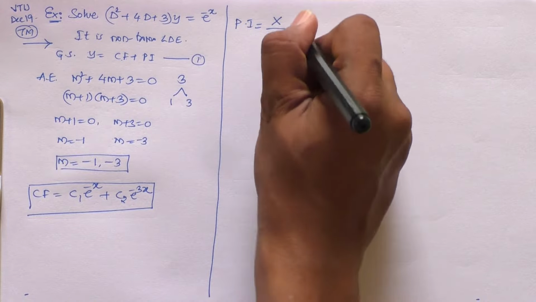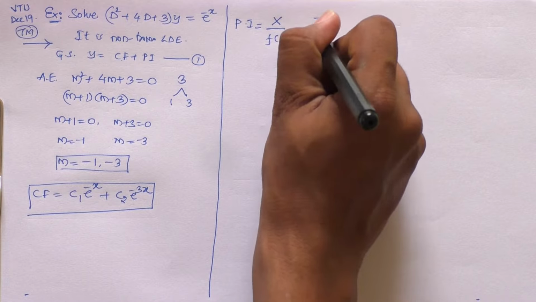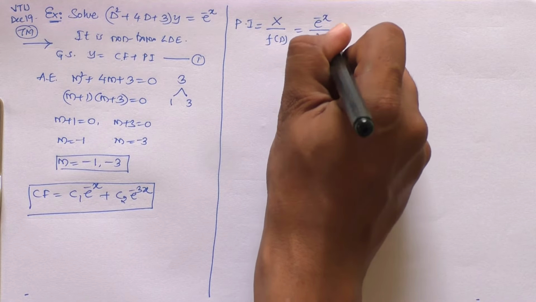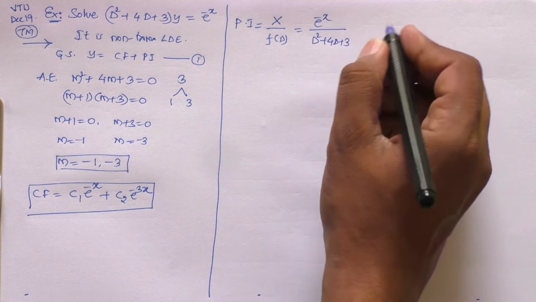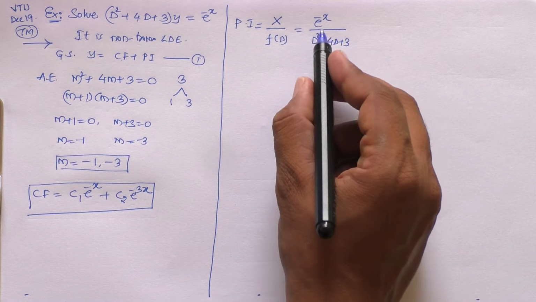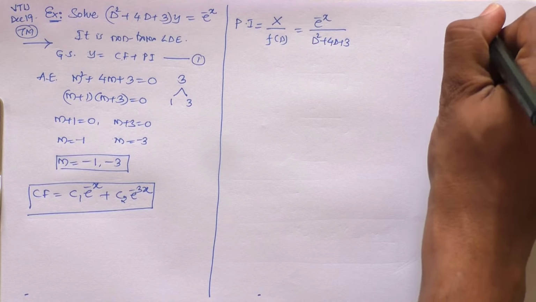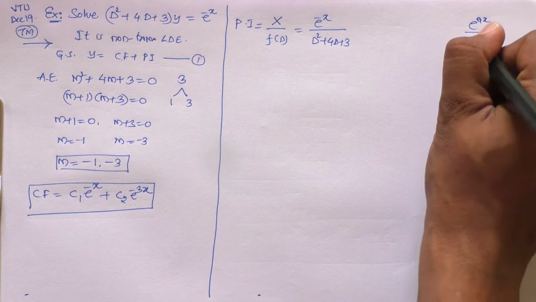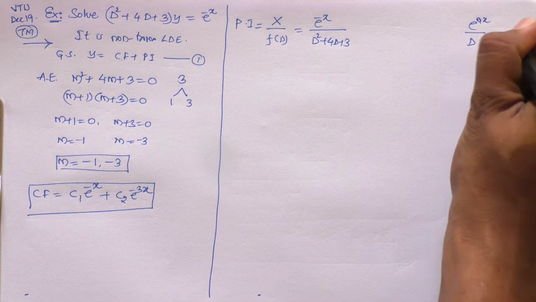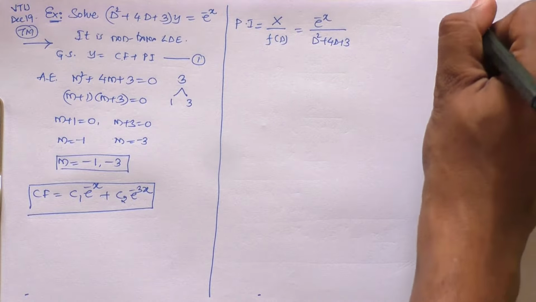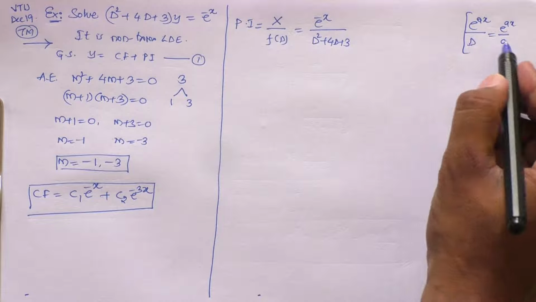So the x term, e raised to minus x, divided by the D term. The D term is D square plus 4D plus 3. So here we have e power ax divided by the D term. Whenever we have e raised to ax and the denominator is D, it can be written as e raised to ax by a. So replace the denominator D by a.